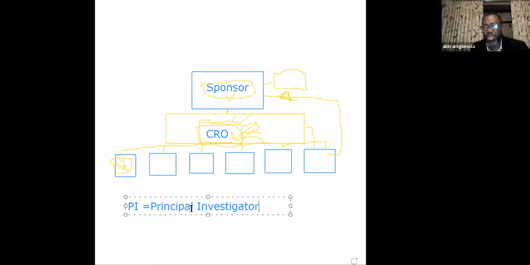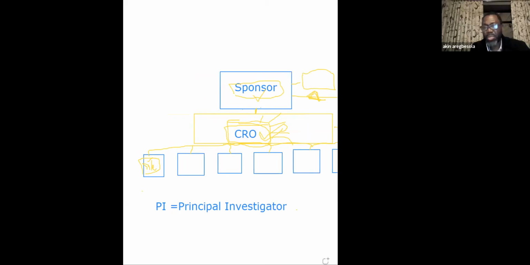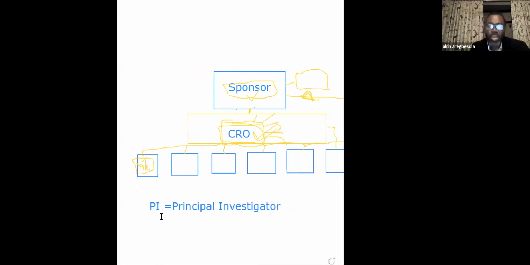Safety. It's always about the safety of patients. Even though there are so many people working on site and under the physician, the principal investigator is the person that will be held responsible if anything happens to a patient.